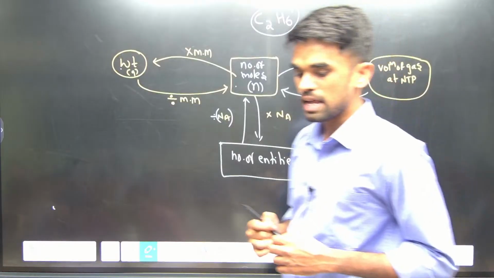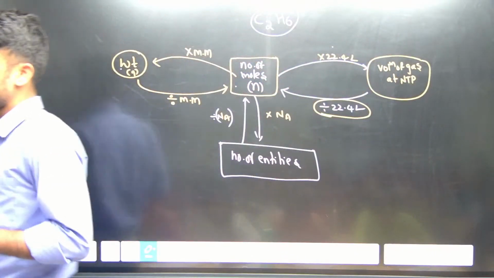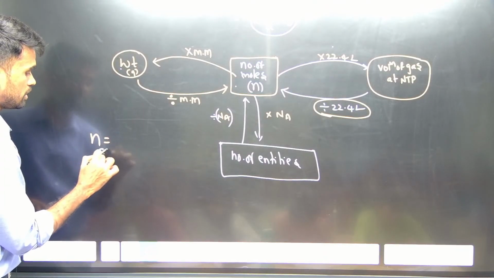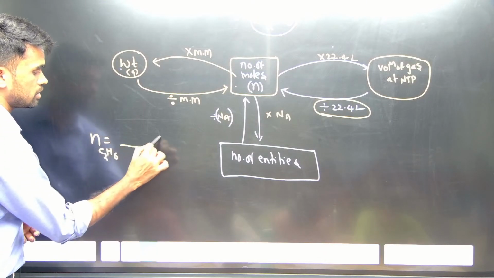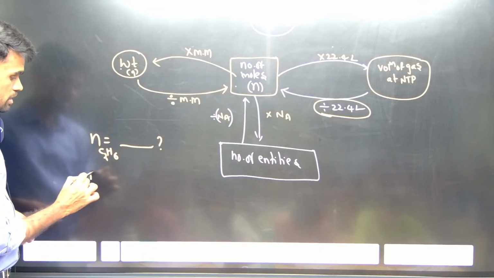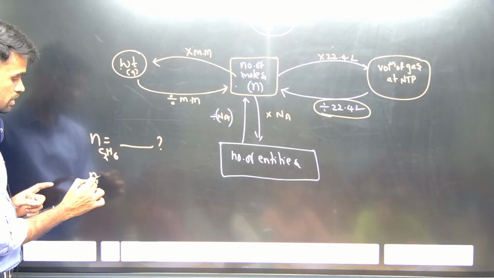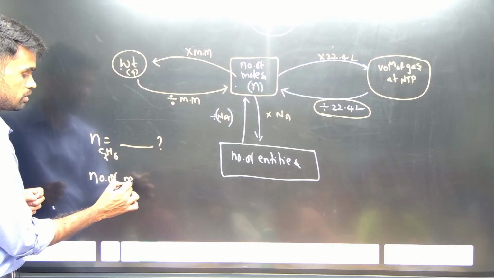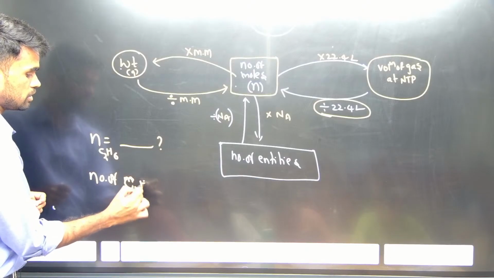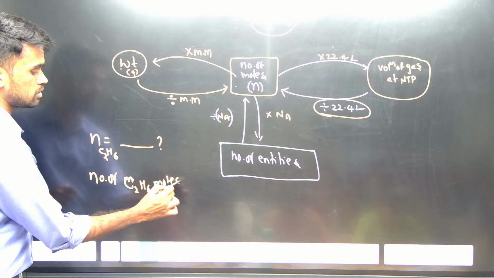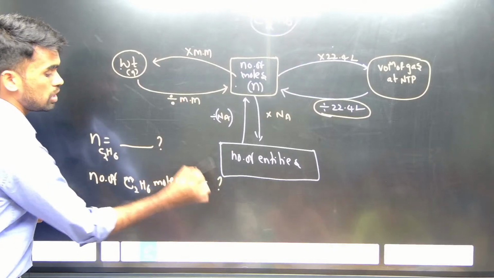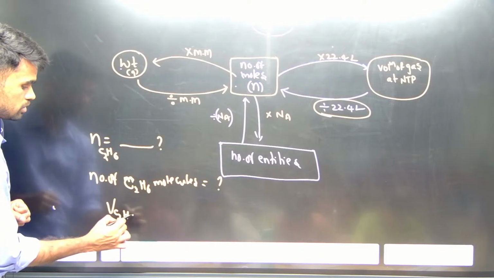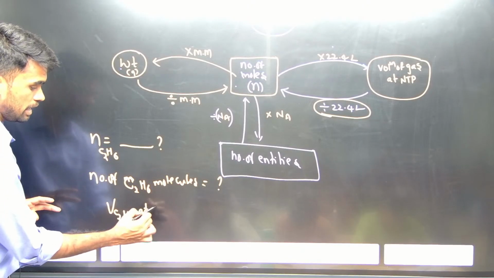Then calculate the number of moles of ethane, the number of particles, that is, the number of ethane molecules, and the volume of ethane at NTP.